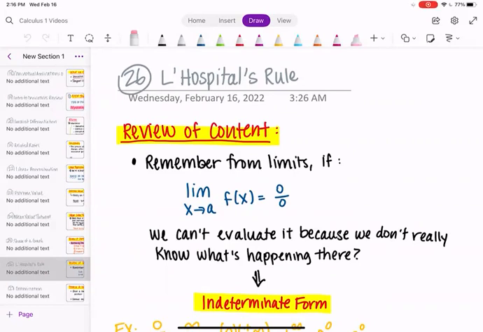So we know that derivatives and limits are connected, right? By the formal definition of a limit, that's the limit as h approaches 0 of f of x plus h minus f of x all over h. And remember, that's the one where we expand out the x plus h part and then cancel all of the terms that they have in common with f of x.